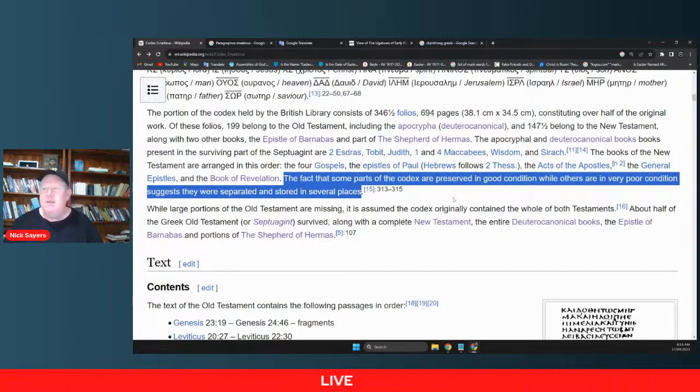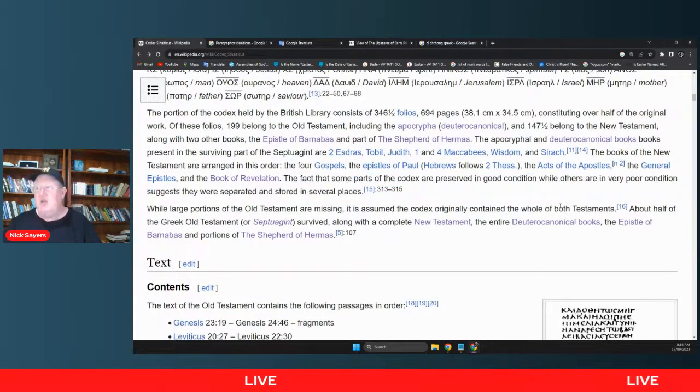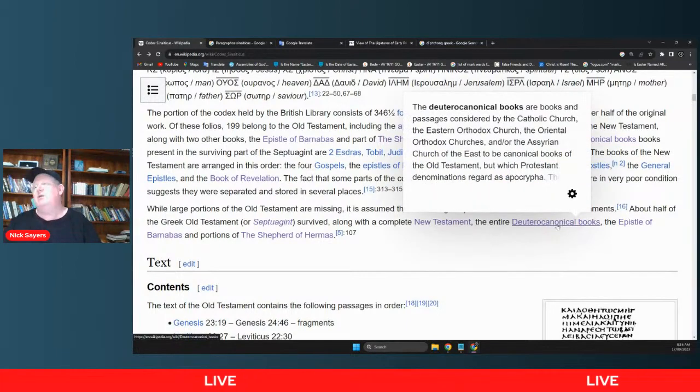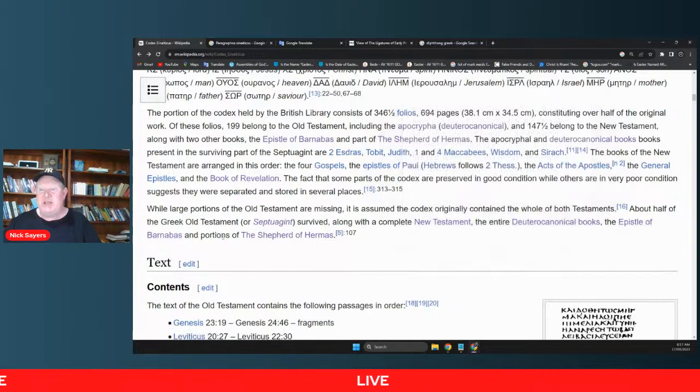And so while large parts of the Old Testament are missing, it is assumed that the Codex originally contained the whole of both Testaments. About half of the Greek Old Testament or Septuagint survived, along with the complete New Testament, the entire Deuterocanonical books, the Epistle of Barnabas, and portions of the Shepherd of Hermas.